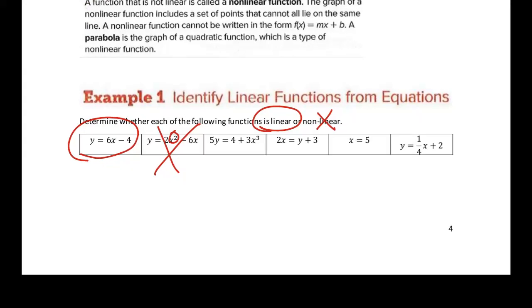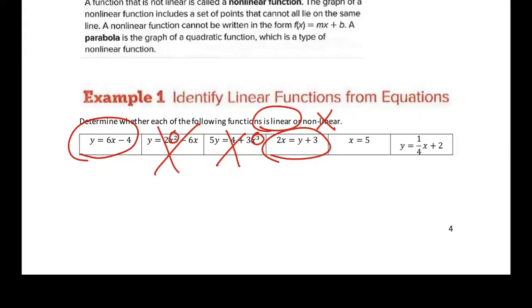All right, moving along. 5y equals 4 plus 3x to the third. What do you think? Linear or nonlinear? That is correct because of that 3. Next up, 2x equals y plus 3. Linear or nonlinear? Linear. Very good. Well, wait a minute.